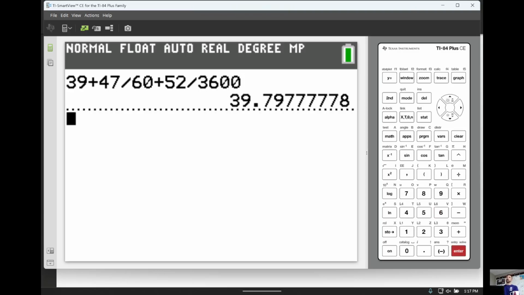Now, for those of you that got the question right, here's the calculator thing I need you to know for future stuff as well. Kansas City as a decimal is about 39.8, it looks like.